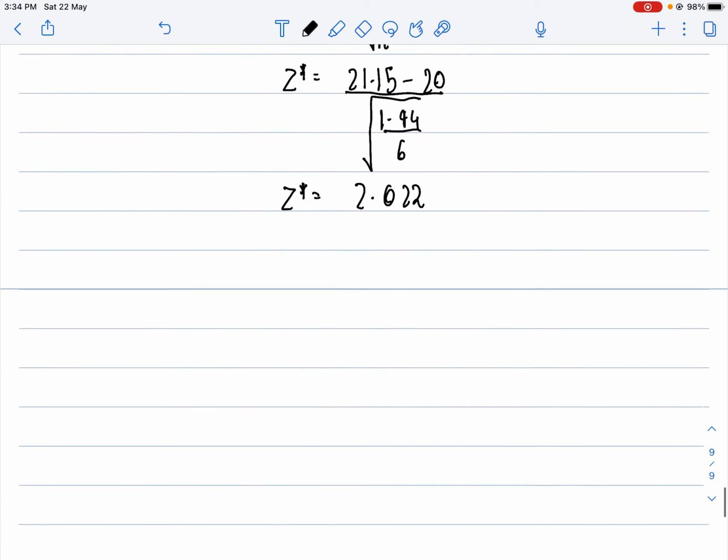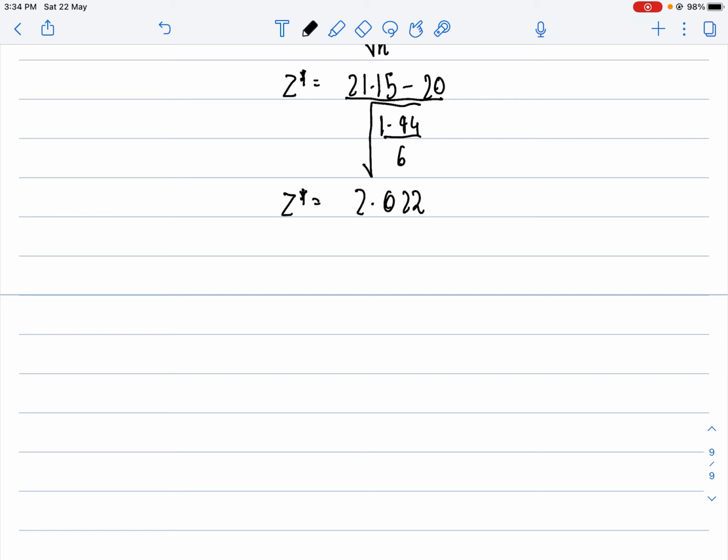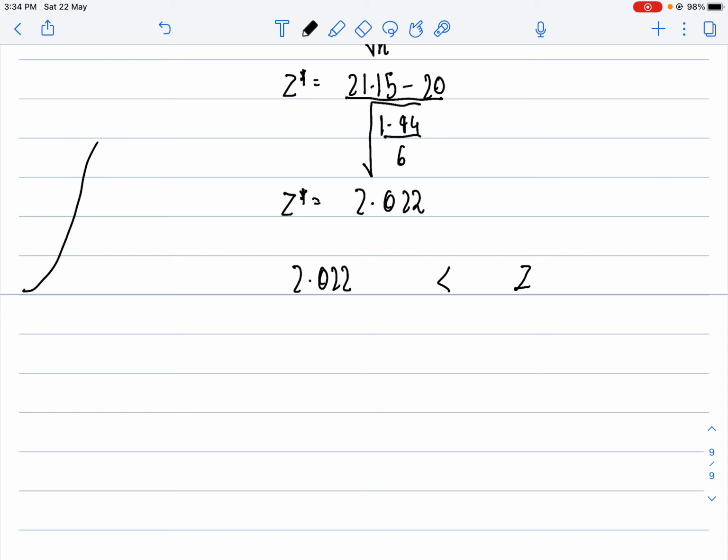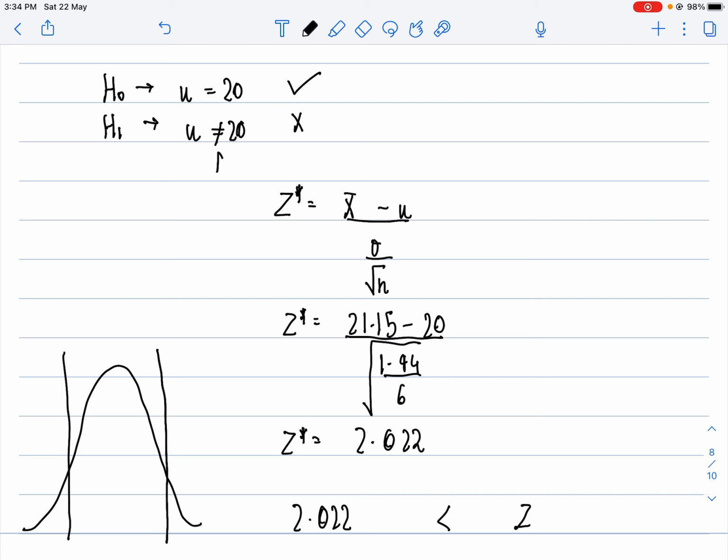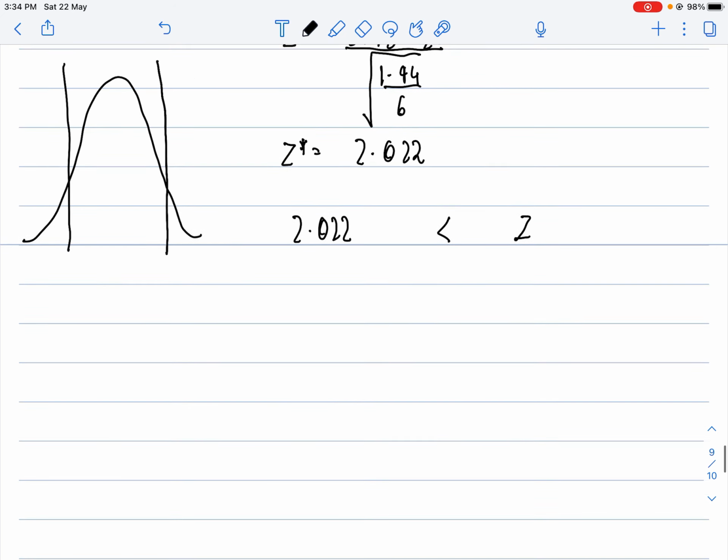So when do you accept the null hypothesis? When your 2.022 is less than your z value which you obtained with your significance level. On a curve, I know it's a two-tail curve here because your alternative hypothesis is not equal to, but we'll focus on this tail because I need the largest value.